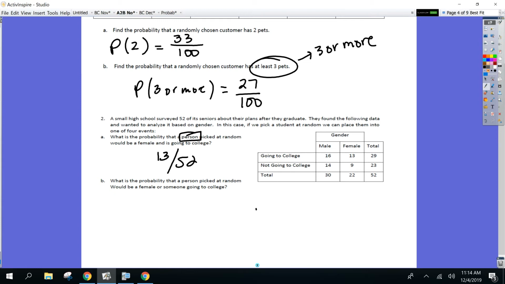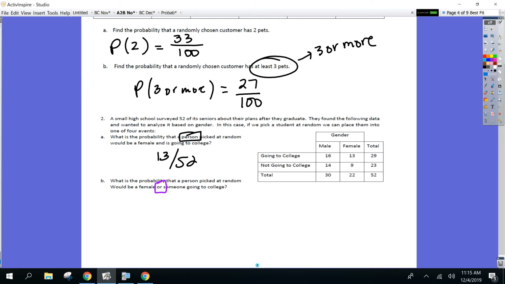You guys good so far? Because now it's going to get a little tricky. Probability you pick a student who would be female. Oh, hey, look at that. Or someone going to college. It didn't say and. I just answered that question, female and going to college.